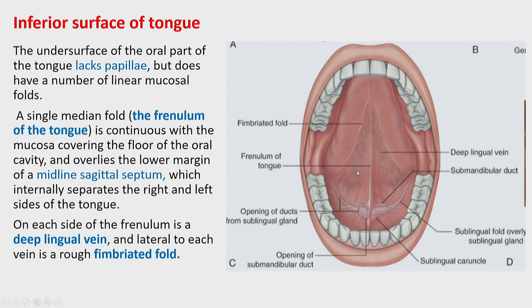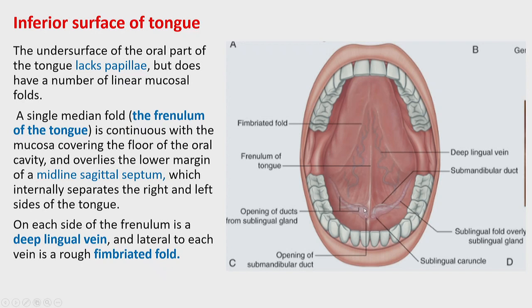You can see it, and it is one of the venous drainages of the tongue. Lateral to that is another fold, which is also an embryonic remnant. It's called the fimbriated fold. Those are all found on the inferior, or ventral, aspect of the tongue.